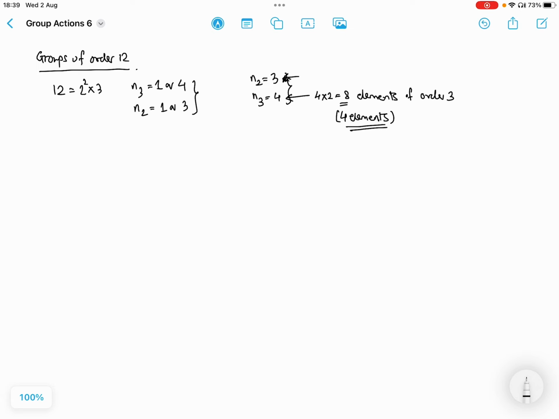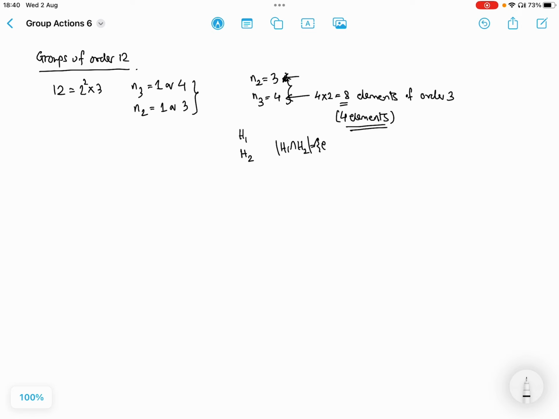Now if you take a Sylow 2 subgroup, you have 3 elements of order 2 or 4. And there is another Sylow 2 subgroup.